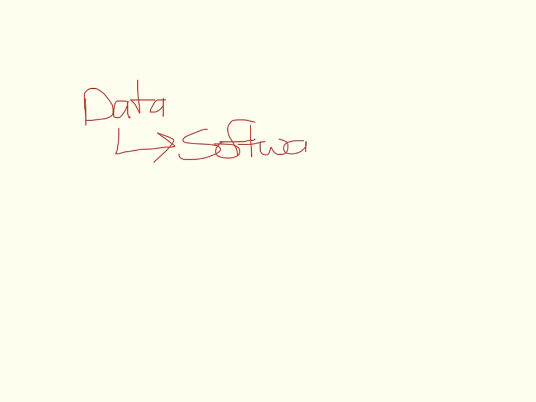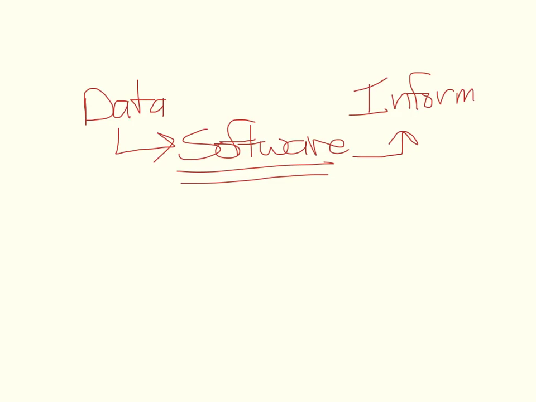Okay? So I'm going to move over here so we can diagram this out. So we take data, raw facts, and we use some kind of computing device that uses software to process that data and turn it into something useful for us, which I'm going to call information. And all that works on some type of hardware.